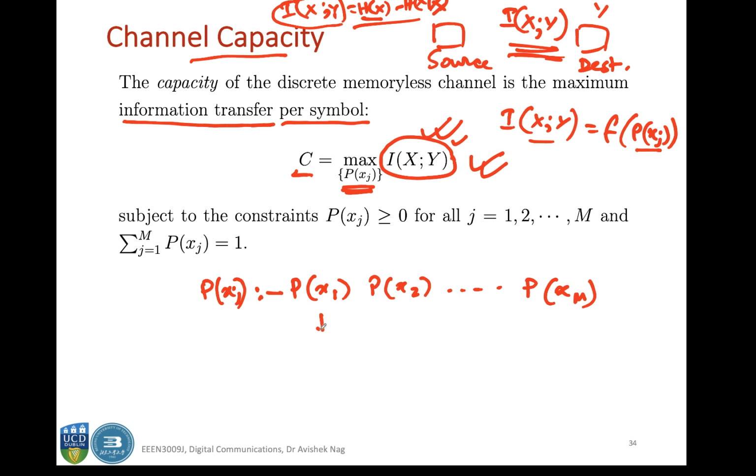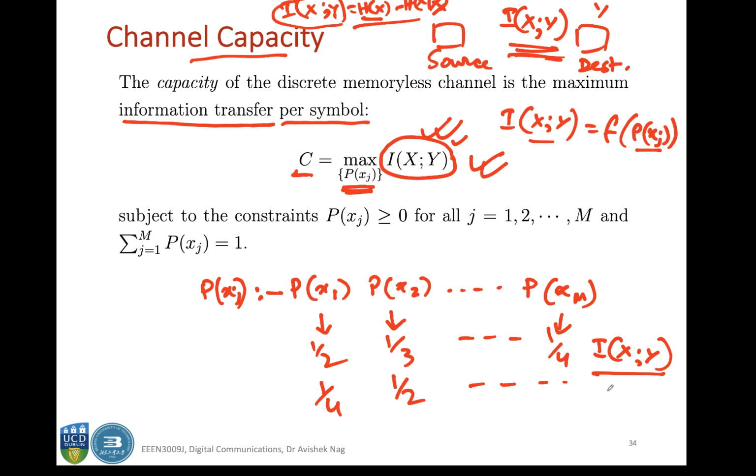Based on whatever values they take, you can calculate a different I of x semicolon y. Let's say this is half, this is 1/3, and this is 1/4, and in between there are many values, and you get an I of x semicolon y for this. Let's say this is 1/4, this is half, and so on. You get another I of x semicolon y for this, so whatever values of the input probabilities maximize the I of x semicolon y.